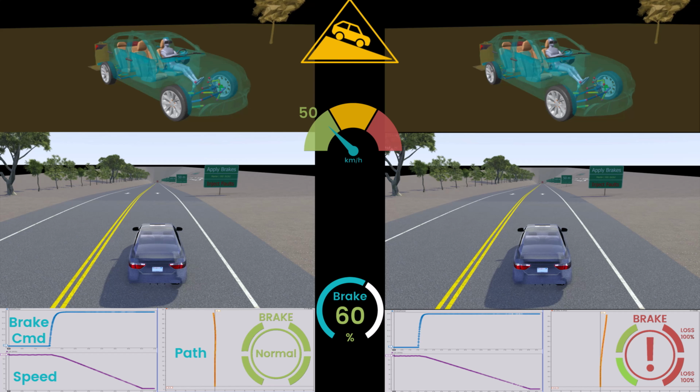To continue, we assess brake loss failures while the vehicle is on a downhill slope.